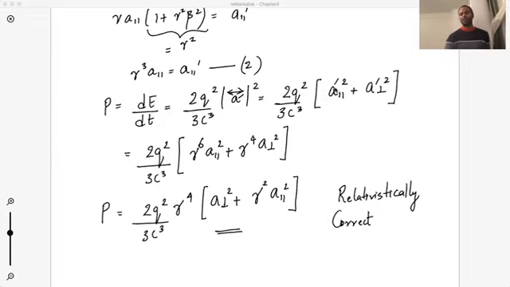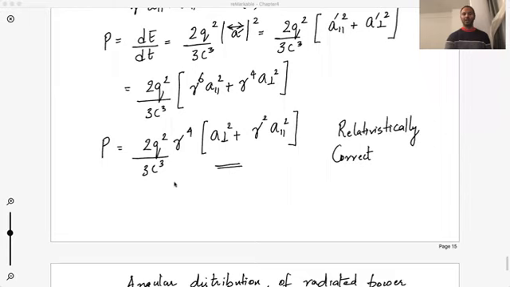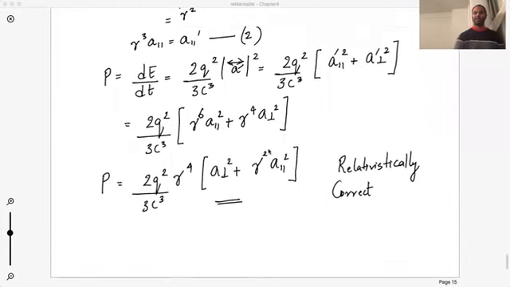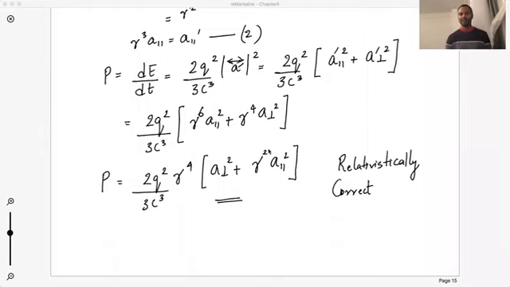We just applied the Lorentz transformations to go from the k prime to the k frame, where the speed at which the k prime frame was going with respect to your lab frame k was v, and the corresponding Lorentz factor was gamma, which is the velocity and Lorentz factor of the particle. And that is the relativistically correct expression for the power radiated by an accelerating charge.